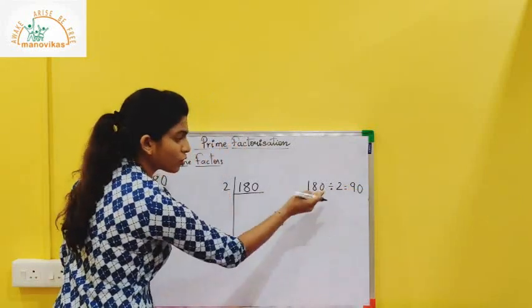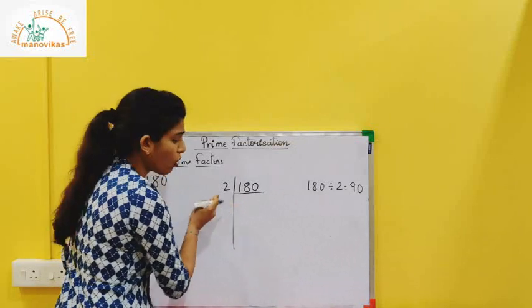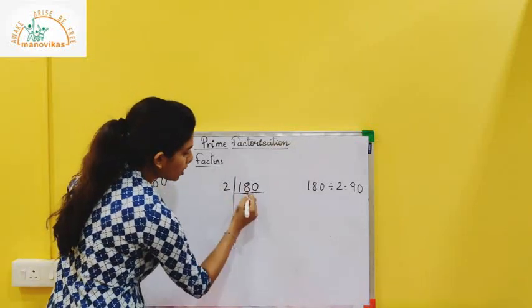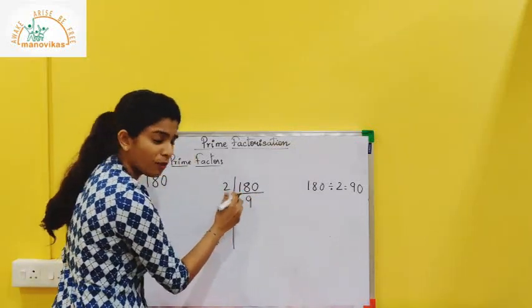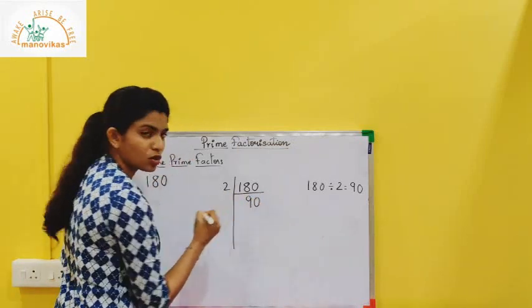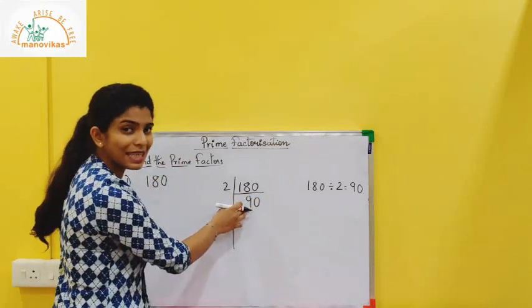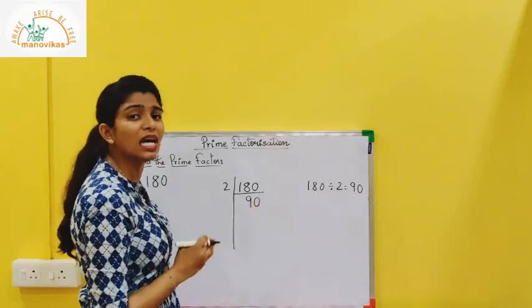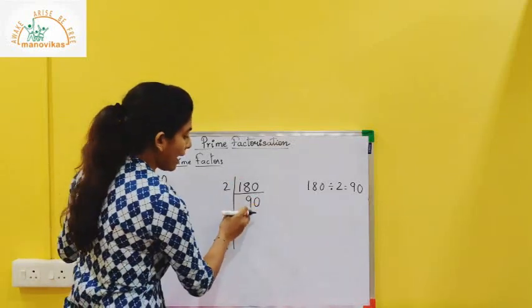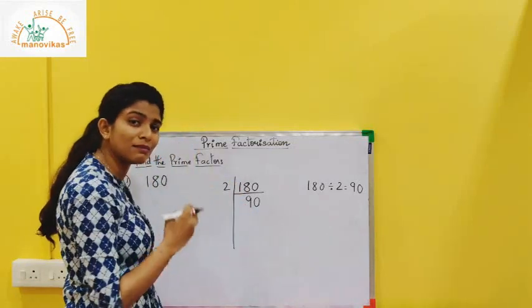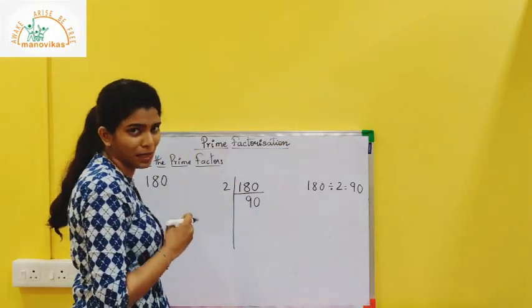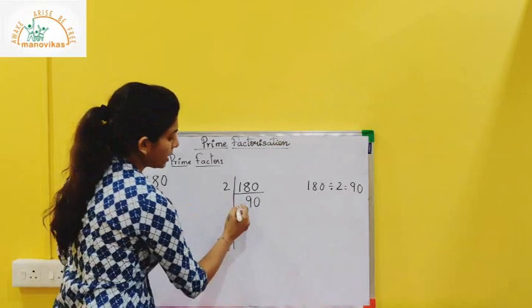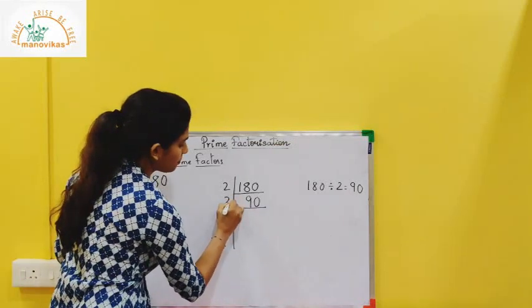180 divided by 2 will give me 90. So you can divide and write the number, or else you can do it this way. 2 9s are 18, you know, and take down 0 here. So the quotient here is 90. Again, 90 you have, 90 is also an even number. So I have to divide it by the smallest prime number, that is 2. So I write 2 here.